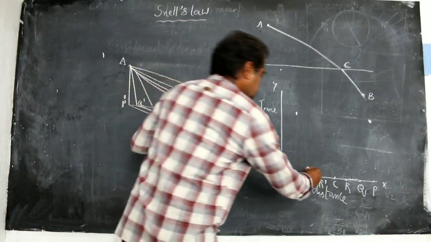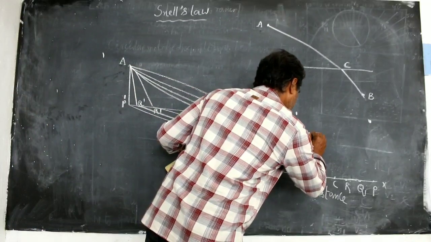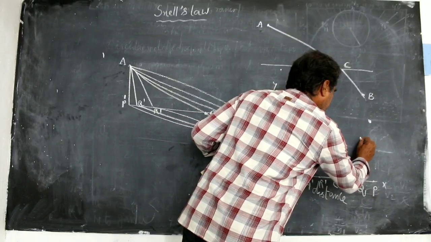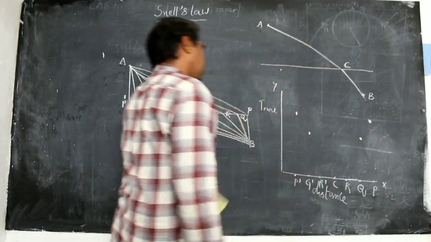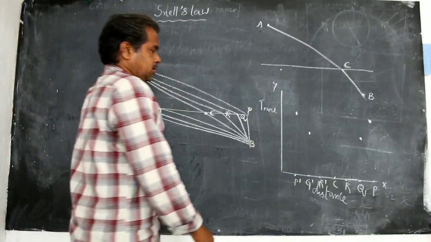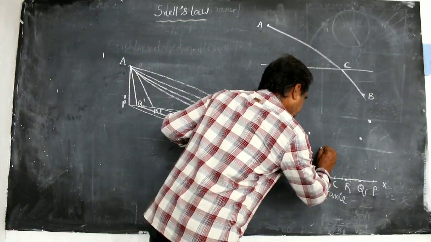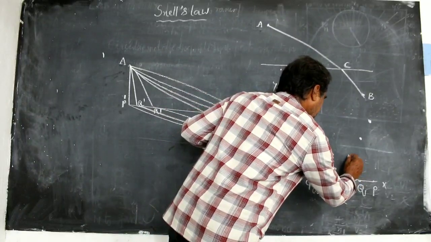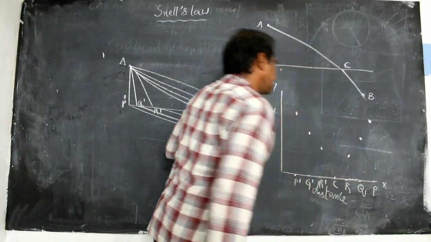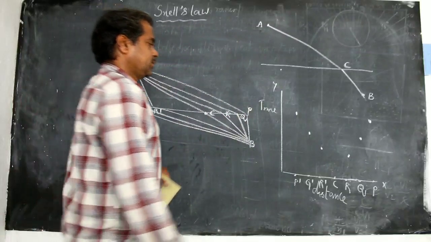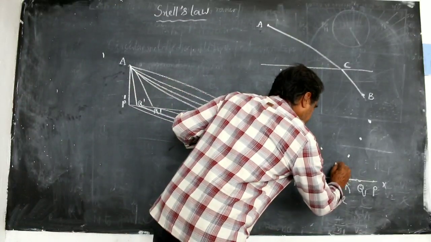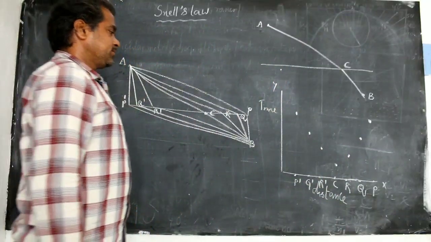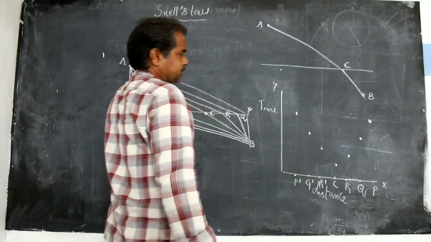Again, the time remains the same when we travel either AQB or AQ dash B. In the same manner, the time remains the same when we travel either AR dash B or ARB. This is the time when we travel through the ACB path.